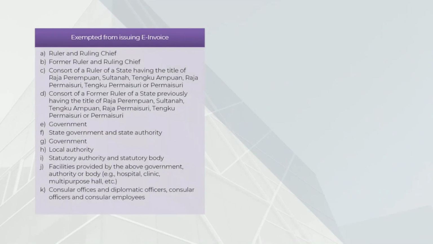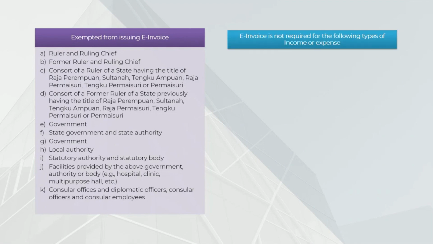And next, according to the guideline, there are some sources of revenue that could be exempted from the e-invoice. For example, if you are the king or the queen of the state or the country, you are exempted from that.